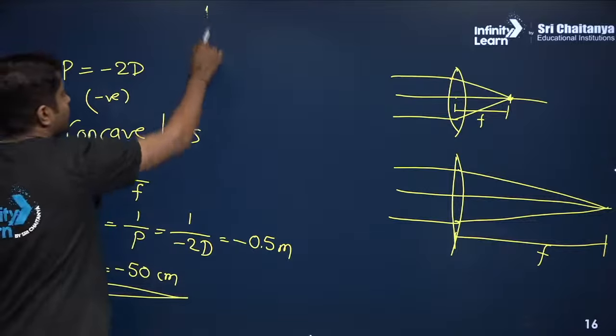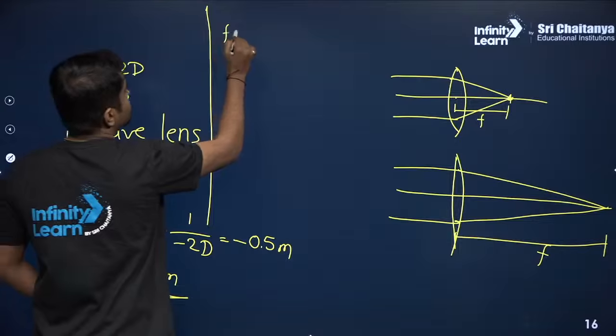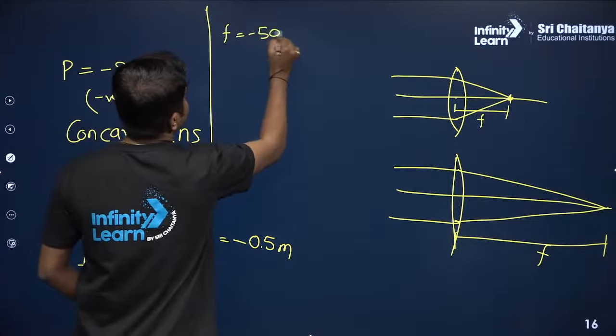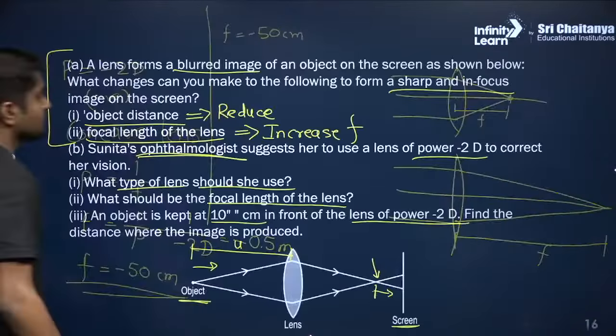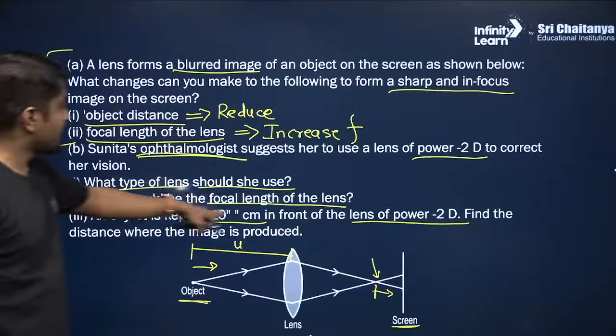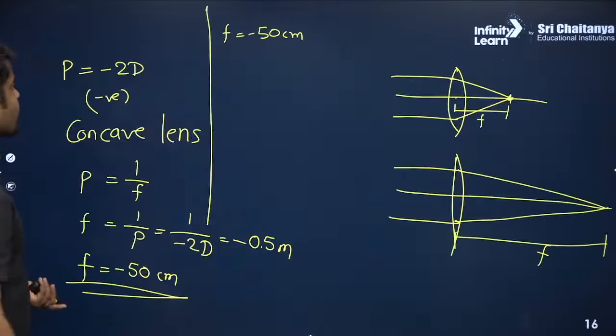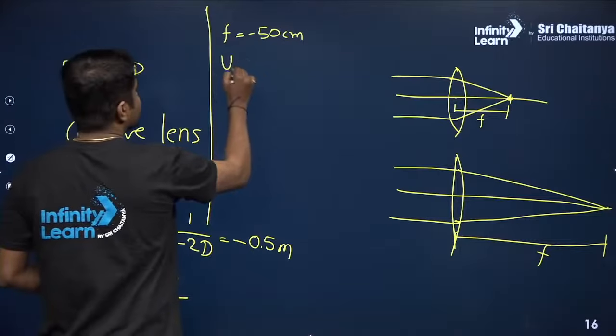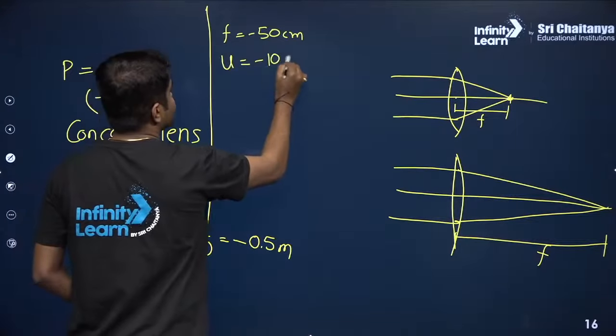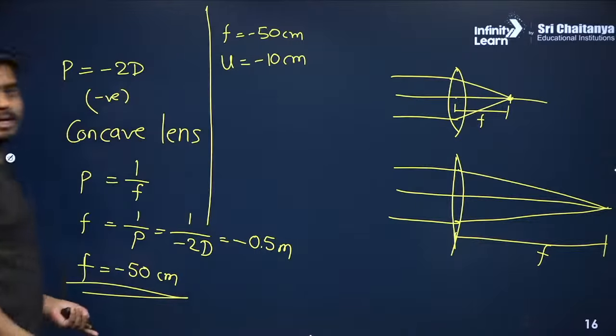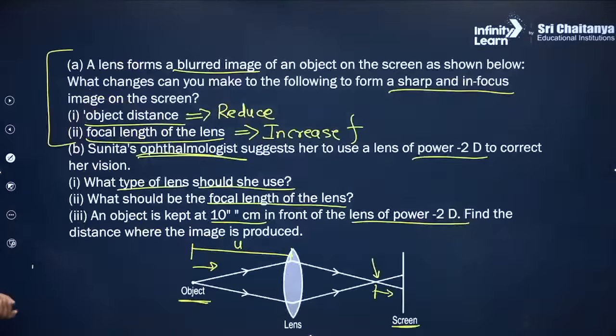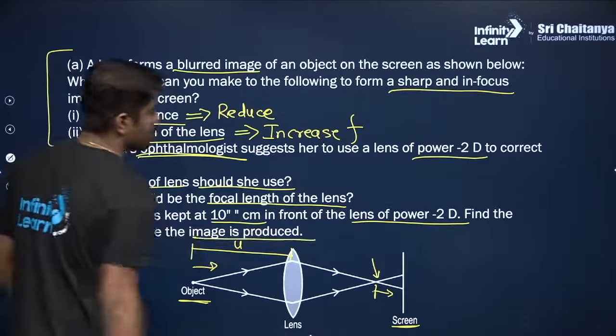So I will do it here. Focal length is given as -50 centimeter. Object is kept 10 centimeter in front of the lens. So U is -10 centimeter. Okay, and what was the question? Find the distance where image is produced.